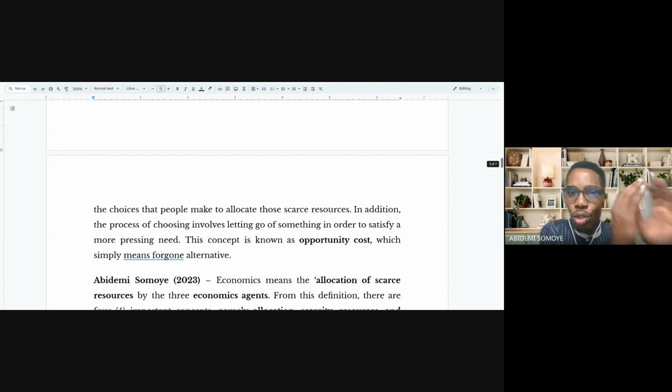You have to give up something in order to meet the need or do something else. There's always an opportunity cost. You would have to always give up something to meet the need of something else. I'm sure if I ask you, what do you plan on doing this morning? You would have a list of options, and so you would try to choose, oh, what should I do?